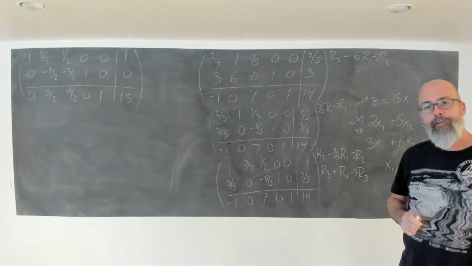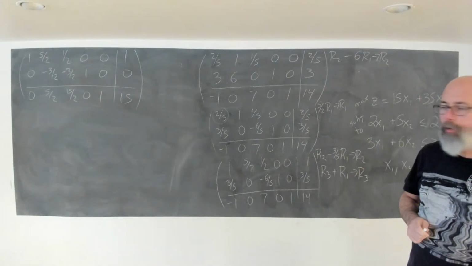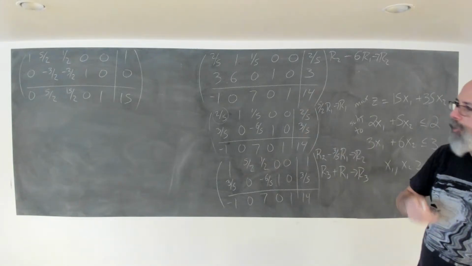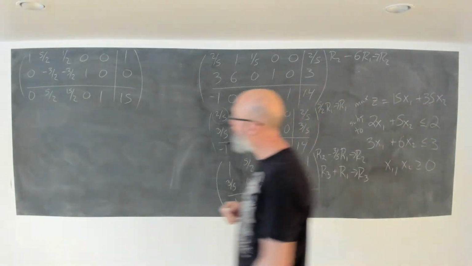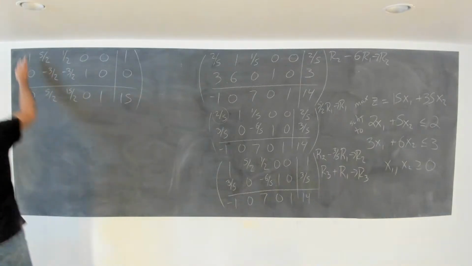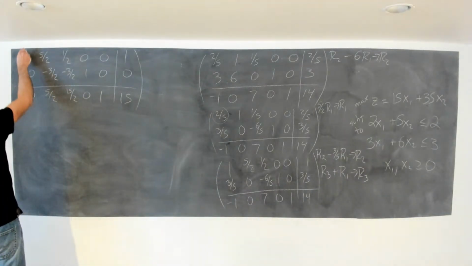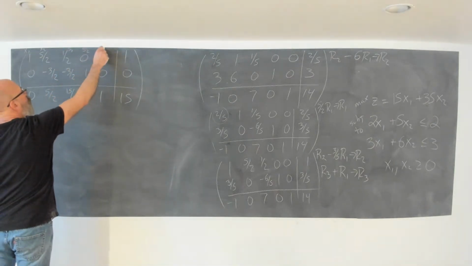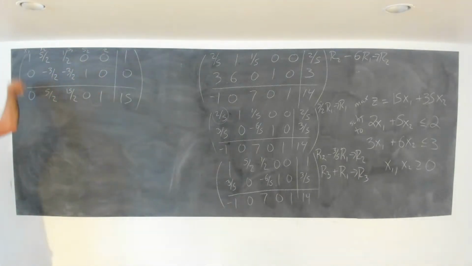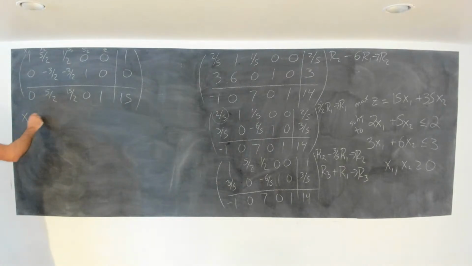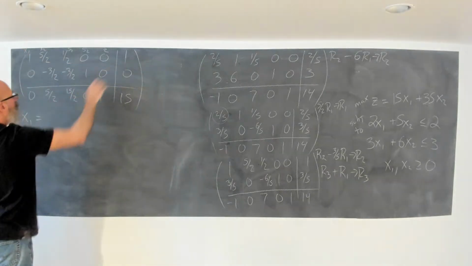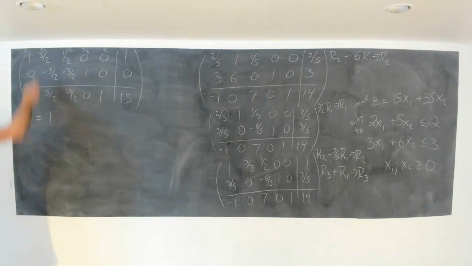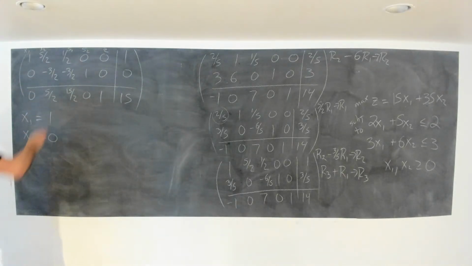Well, this is our final simplex tableau, so we should be able to read off the solution. Right, you'll recall that this is x1, x2, s1, s2, z. x1 has a leading 1, x1 is 1. x2 does not, x2 is 0.